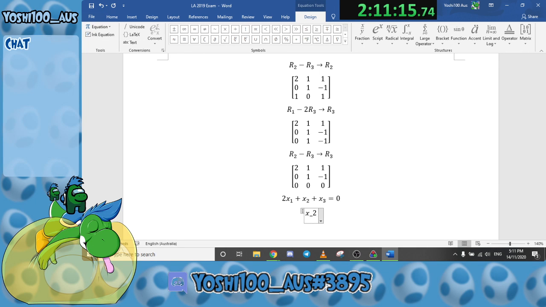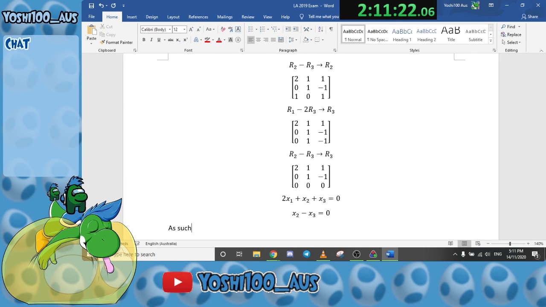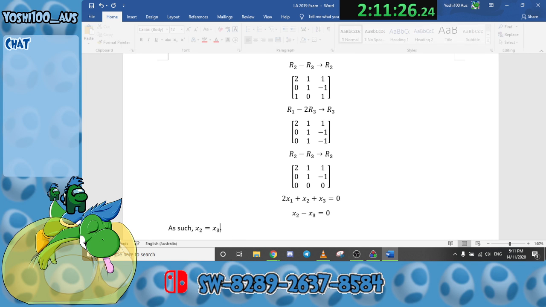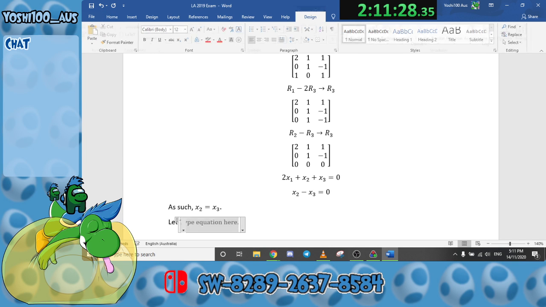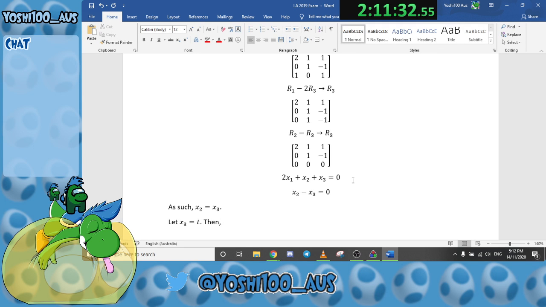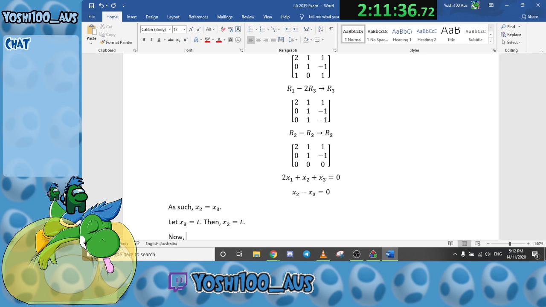And x2 take x3 equals 0. As such, x2 equals x3. Let x3 equal t. Then x2 equals t.